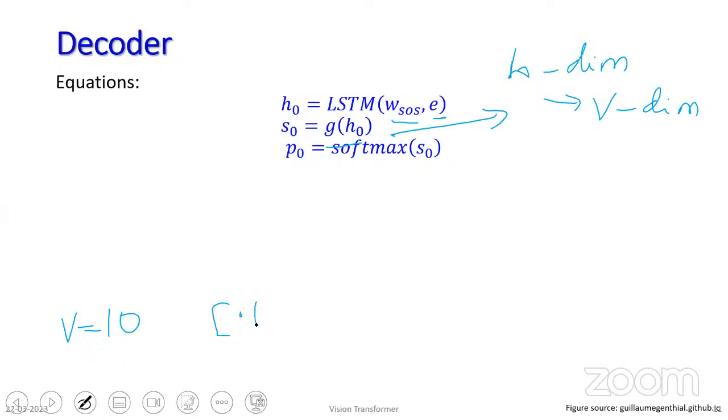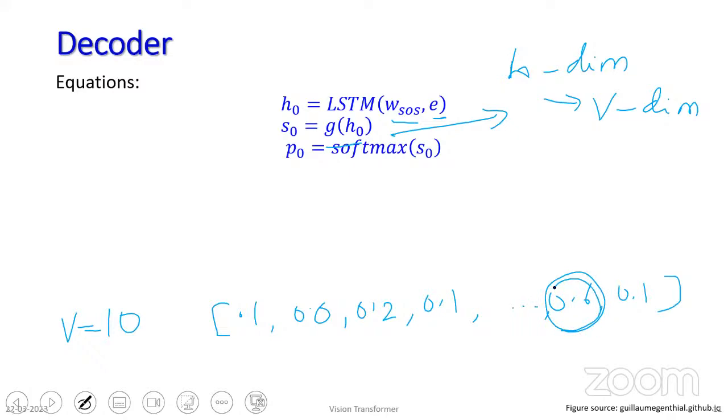So I will be getting, say, 0.1, 0.0, 0.2, 0.1, and so on, and say 0.6, 0.1, and so on, right?